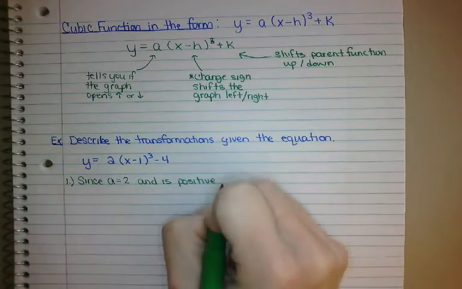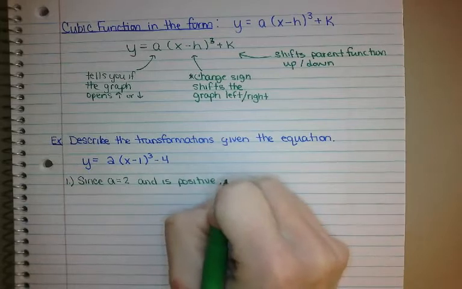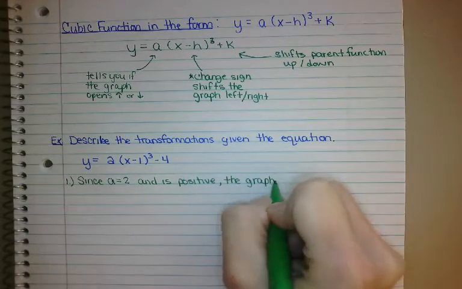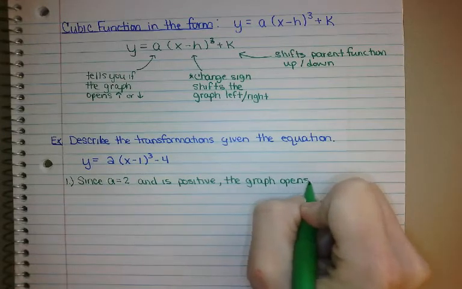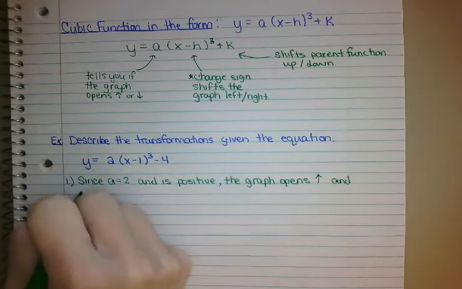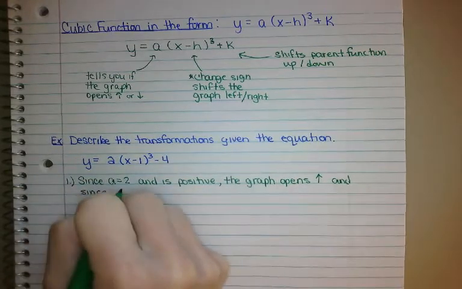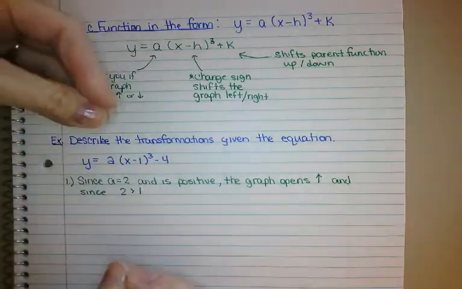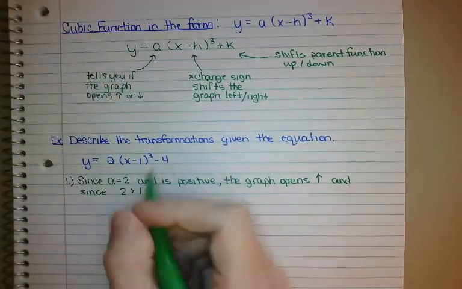Since it's positive, that means that the graph opens up. And since 2 is bigger than 1, okay, that means that they are stretching it by a factor of 2.